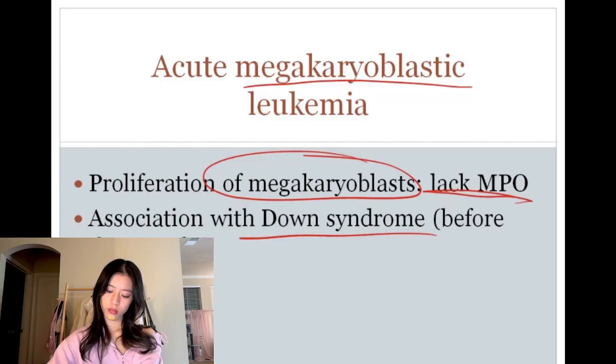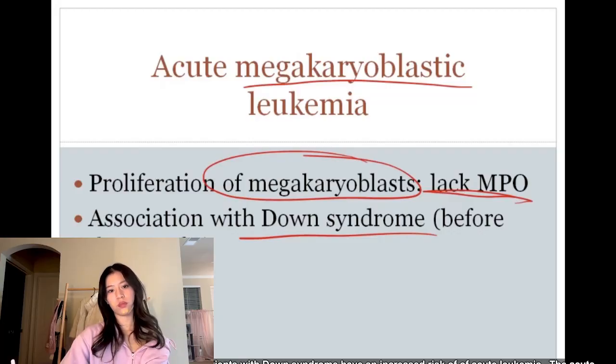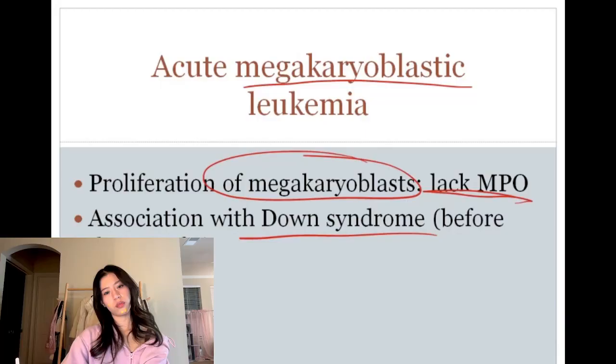So this brings us to a general principle. Patients with Down syndrome have an increased risk of acute leukemia. The acute leukemia is more commonly acute megakaryoblastic leukemia before the age of 5 and is more commonly ALL, acute lymphoblastic leukemia, after the age of 5.